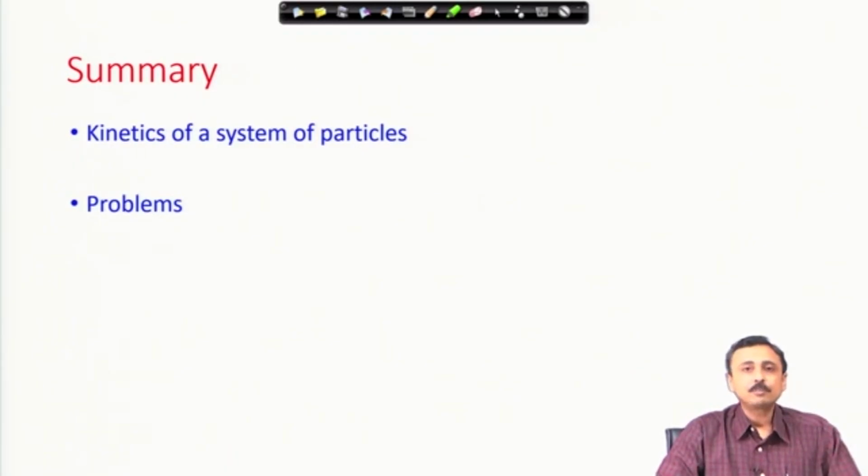law for a system of particles and the angular momentum dynamics, which is governed by the rate of change of angular momentum equation. And this equation, if you remember, was derived starting from Newton's second law for individual particles, but finally what we obtained is an equation which gives us additional information about this system of particles.